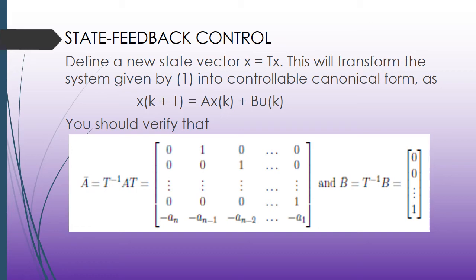The next column would be 1, 0, 0, 0, 0, until negative a_{n-1}, until you reach the column which starts with 0 until it reaches negative a_1. And B̂ is equal to T^{-1}B.